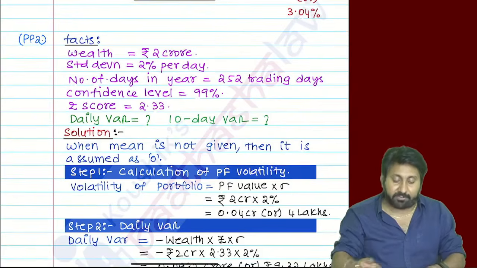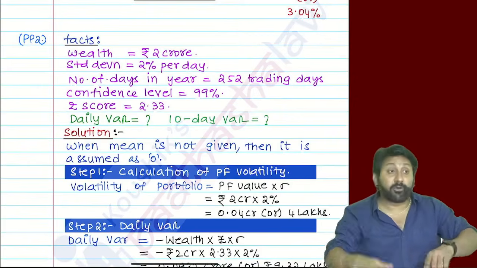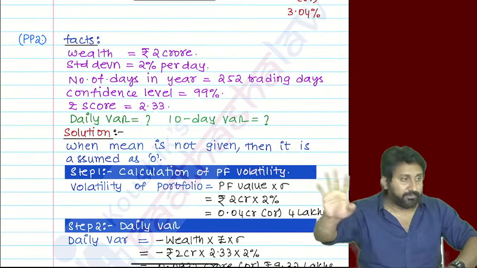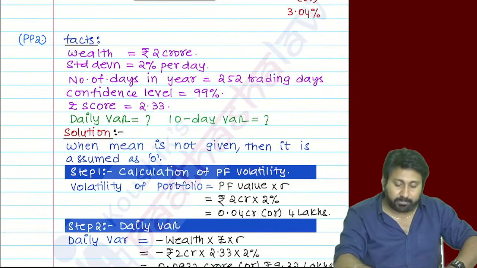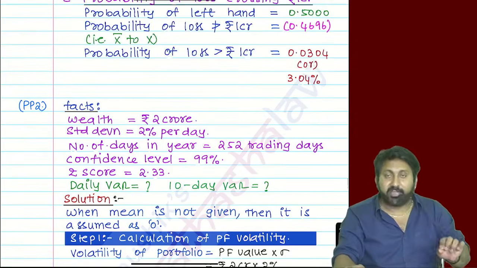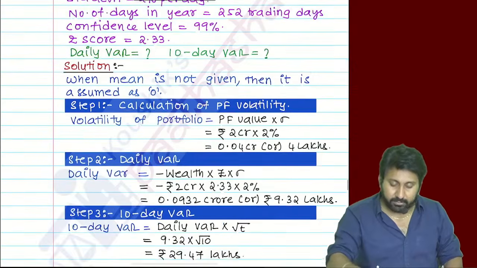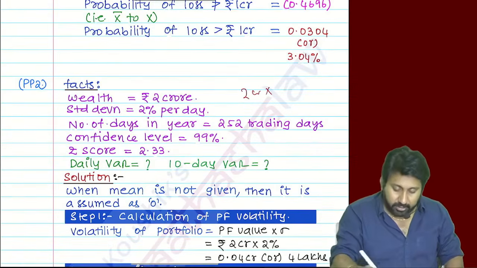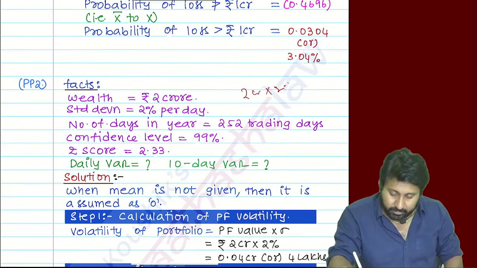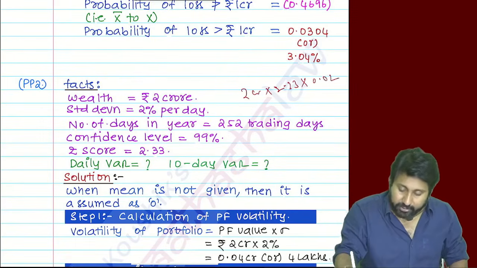Next one, facts of the case. Wealth 2 crore, standard deviation 2%, number of days 252. Here they have given 252, don't argue. Confidence level 99, score 2.33. Daily VaR, how to calculate? Minus wealth into Z into standard deviation.